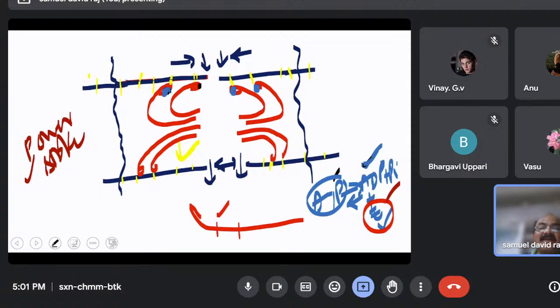When it has ADP, it binds to the active sites.